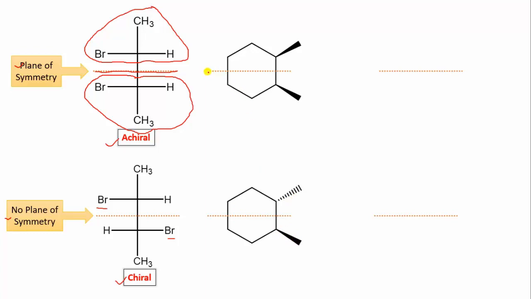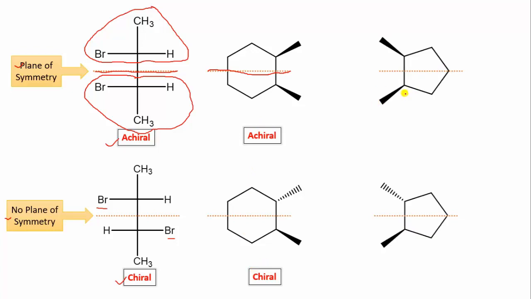So it has a plane of symmetry in the middle. One part is a mirror image of the other part. In this case, it does not have symmetry. So one compound is achiral, another is chiral.